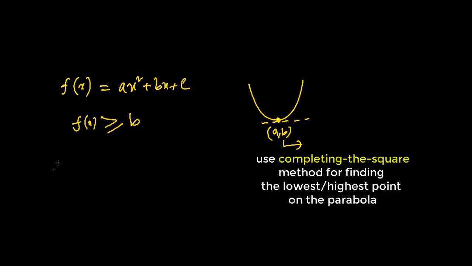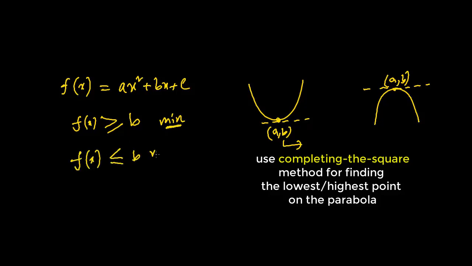On the other hand, if you have a function that looks like this, this is the maximum value and the turning point is (a, b), then in this case, for minimum, the function is greater than or equal to the minimum value, and if it's the maximum value, f of x is less than or equal to b, the maximum value.